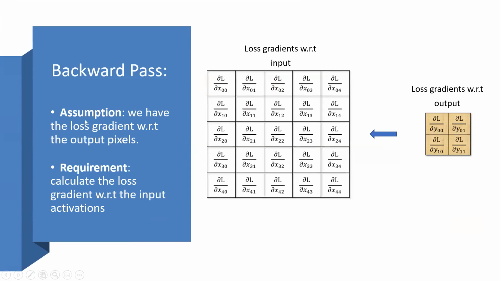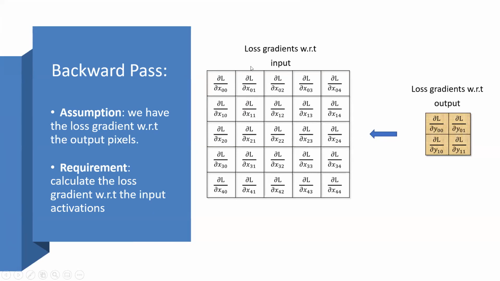And remember, in backpropagation, we assume that we already have the loss gradients with respect to the output. The first thing that we need is the loss gradients with respect to the input, and then we also need the loss gradients with respect to the filter.